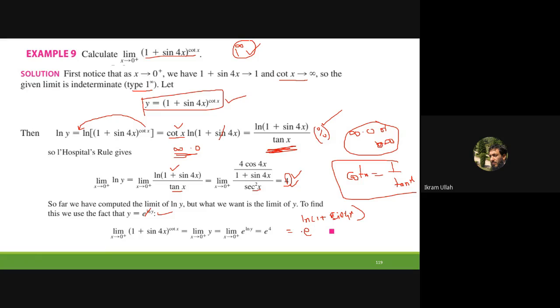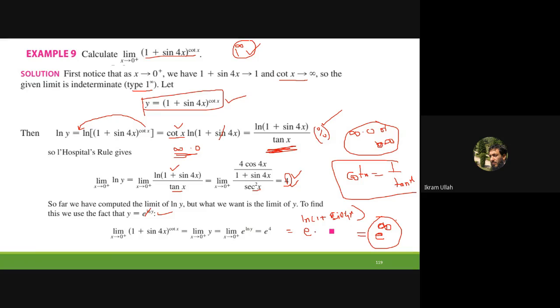Just applying the limit, the ln of 1 is 0, so we get the form e to the power 0 times infinity, which is the indeterminate form.